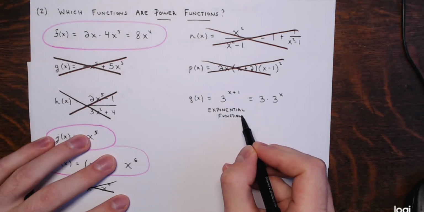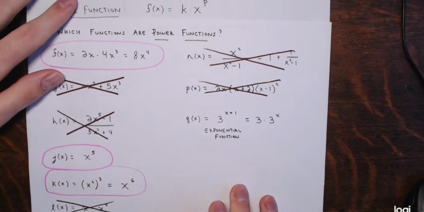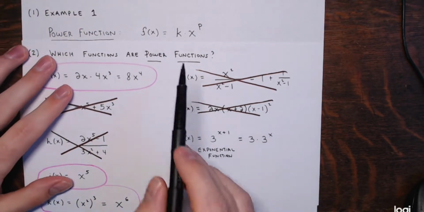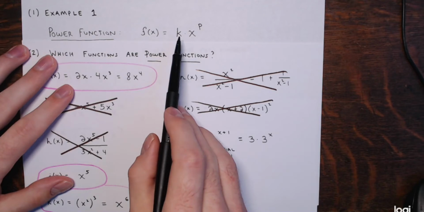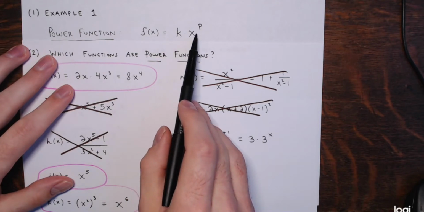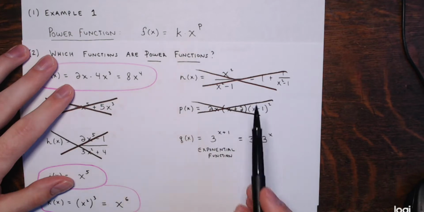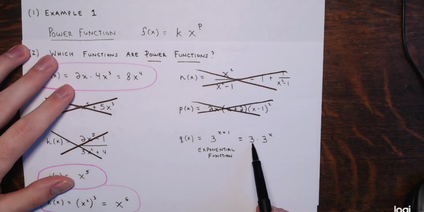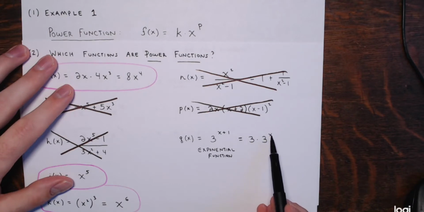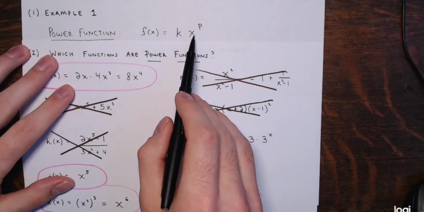This is just the other way around. My power functions have a number times a variable to a power. This is kind of the other way around. You have a coefficient, 3, times, and then you see it's a number to a variable instead of a variable to a number.